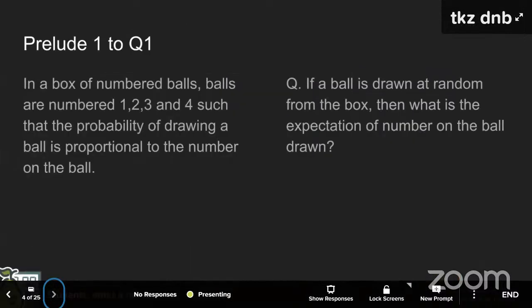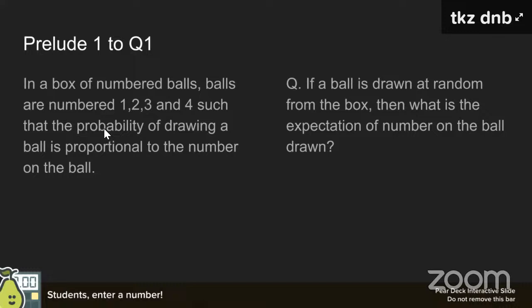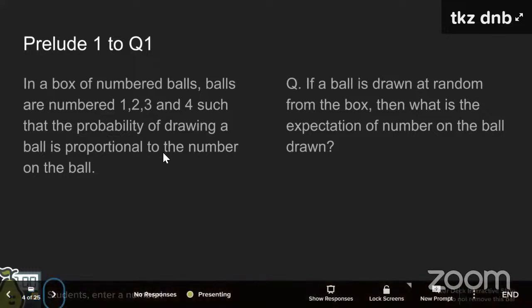So the first question is: in a box of numbered balls, balls are numbered 1, 2, 3, and 4, such that the probability of drawing a ball is proportional to the number on the ball.